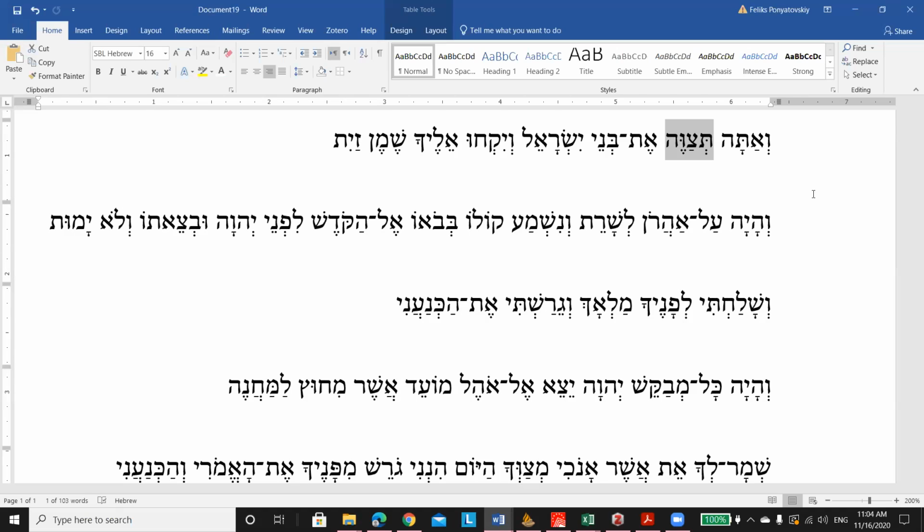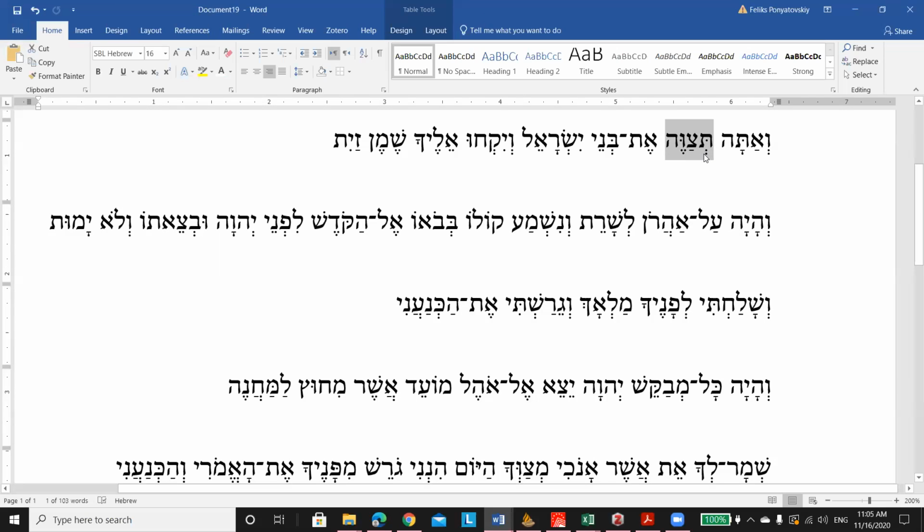So this is the root tziveh. Tziveh means to command. And pay attention that this vav here is not a vowel. It is a consonant. Tzaveh. Tetzaveh. Double vav here.